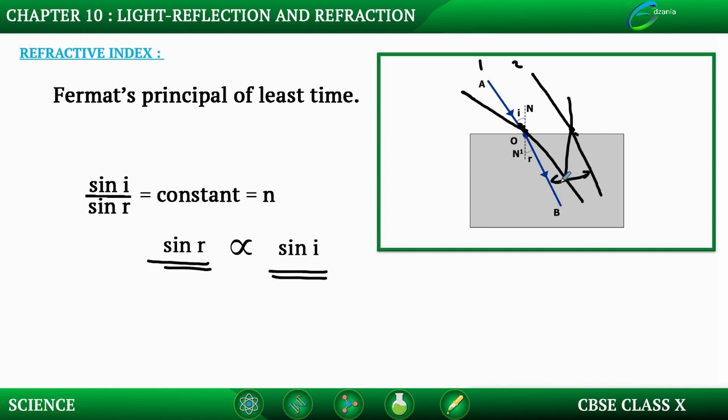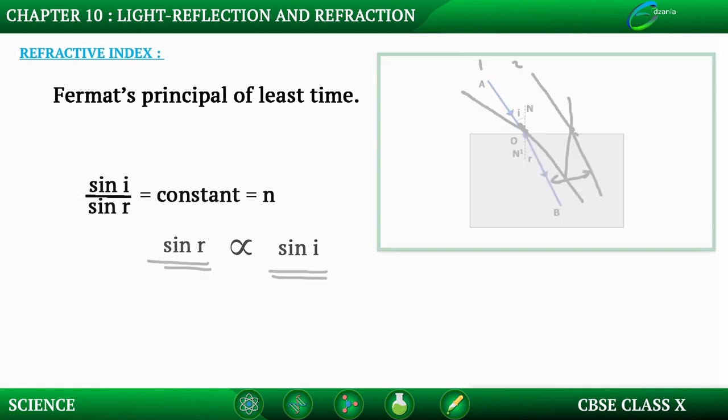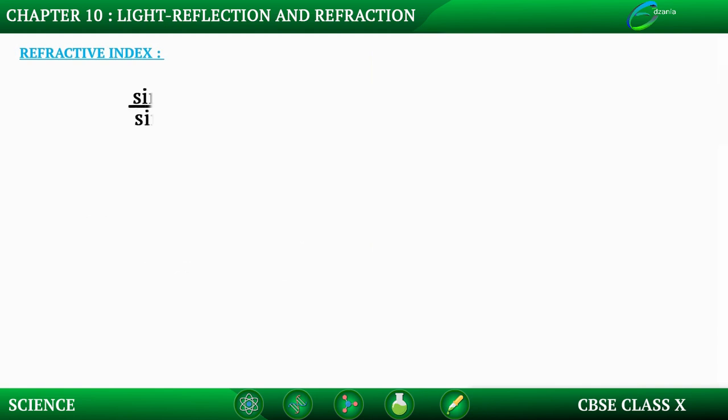So Snell's law is giving us two indications: the relationship between i and r, and that light rays which fall parallel will remain parallel after refraction. So if sin i upon sin r is the refractive index, we can say this is the way the refractive index is a measure of bending of light.